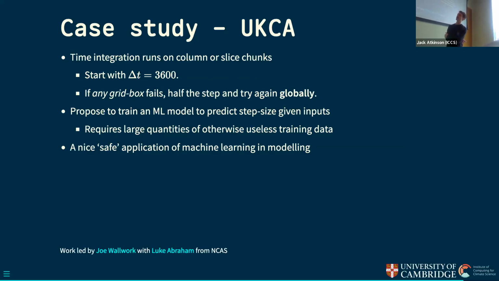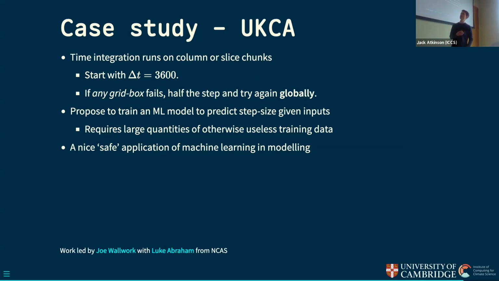Basically, there's this issue that adaptive time stepping is supported. So in different parts of the domain, you can use a different time step, which is not something you can do in many models, but because chemistry is independent on each grid box, it's possible to do this. However, the time step that's required for the time stepping routine varies quite a bit.